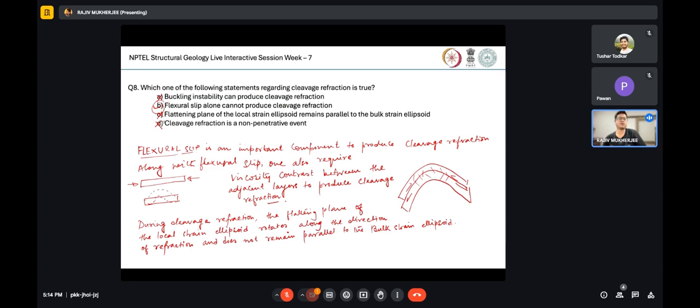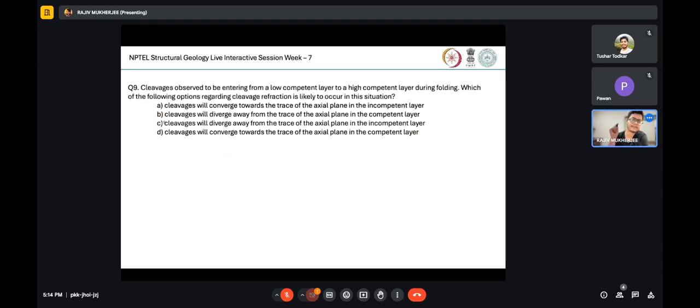Okay, so moving on to the next question. Cleavage is observed to be entering from a low competent layer to a high competent layer during folding. Which of the following options regarding cleavage refraction is likely to occur in this situation? Option A, cleavages will converge towards the trace of the axial plane in the incompetent layer.